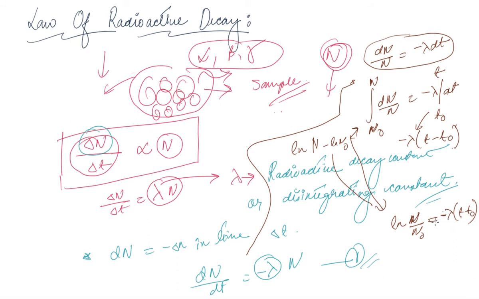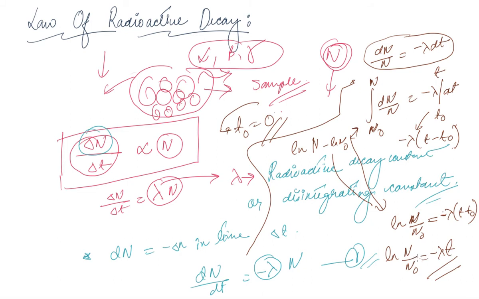Now suppose we take this from our initial condition, t equals 0, where the decaying has just started, or where we have taken the time at t equals 0. So you have ln N upon N naught is equal to minus lambda t. So this is what we had achieved.